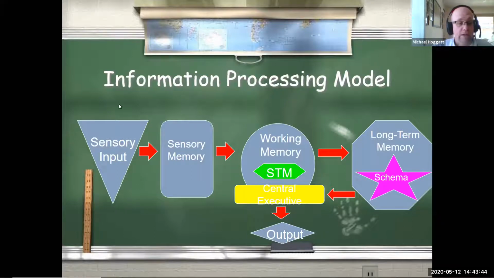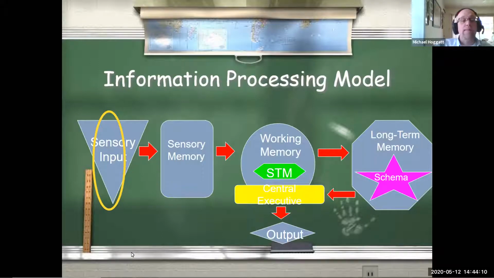Most of the information bounces off us and is never processed. However, when we are able to attach meaning to that sensory input, we can move it further along the information processing model. The process of moving information further along is known as encoding. I'll spend more time on that in a later lecture.